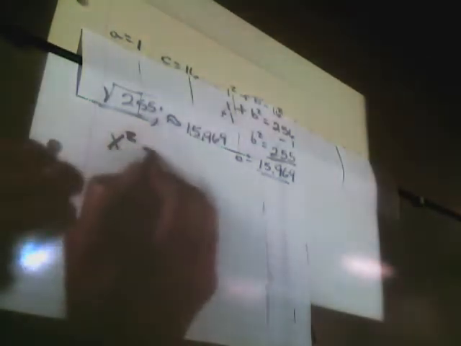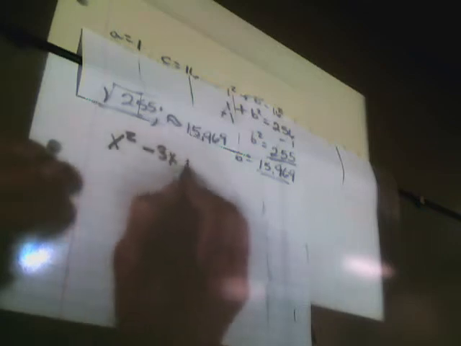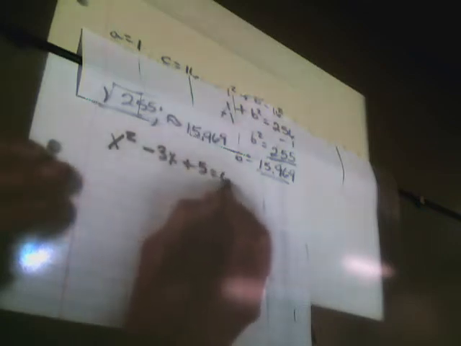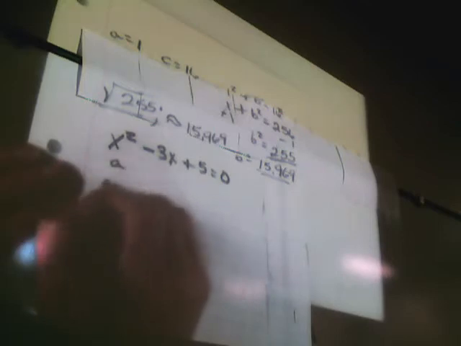Okay, we're going to write in standard form. You're going to have a problem that's in standard form. You're going to identify the a, b, and c. Those are the ones that you're going to use in the quadratic formula. So if you have x squared minus 3x plus 5 equals 0, identify the a, b, and c.